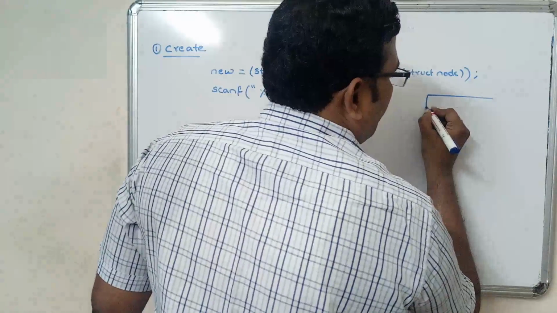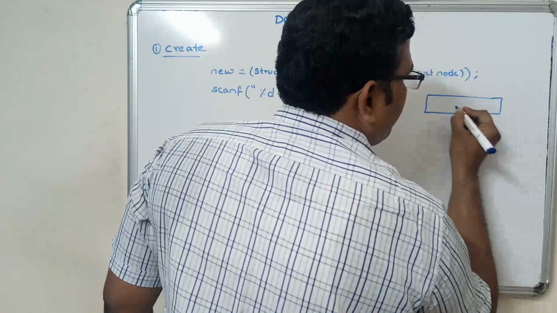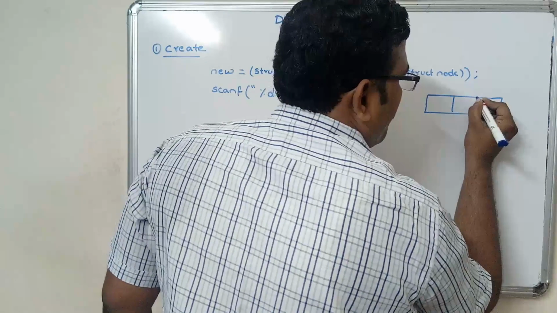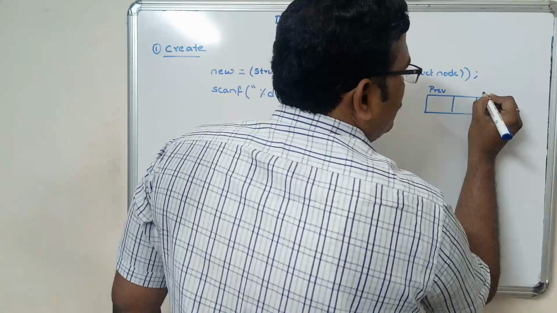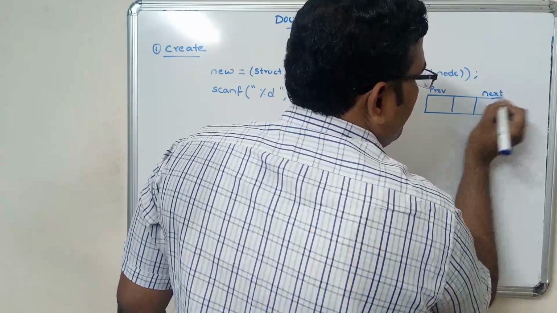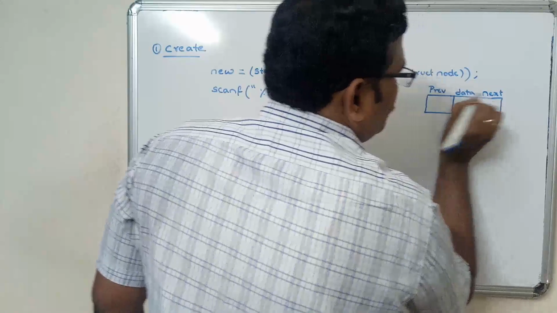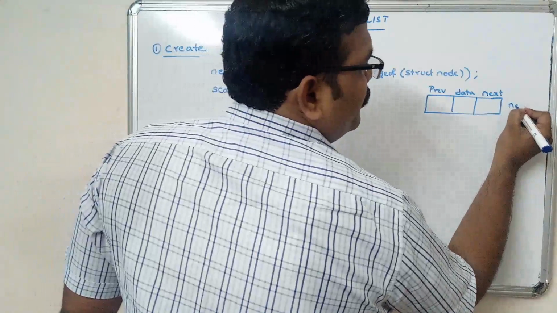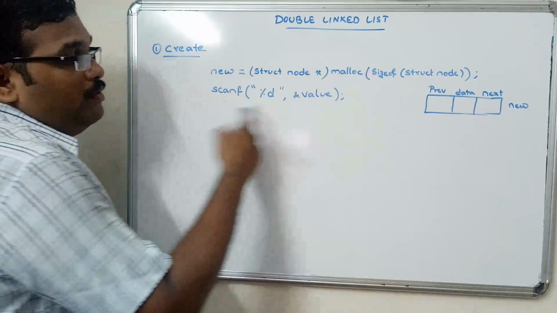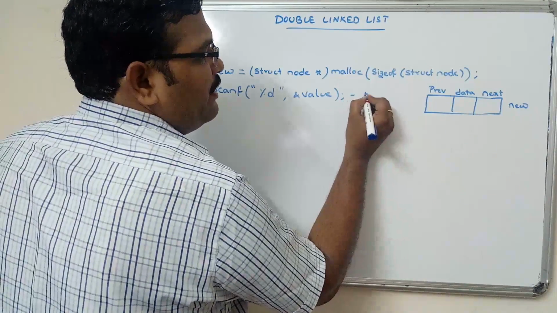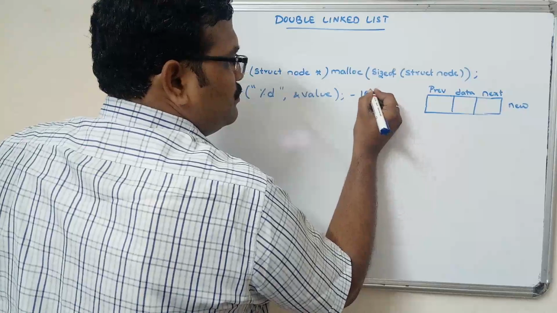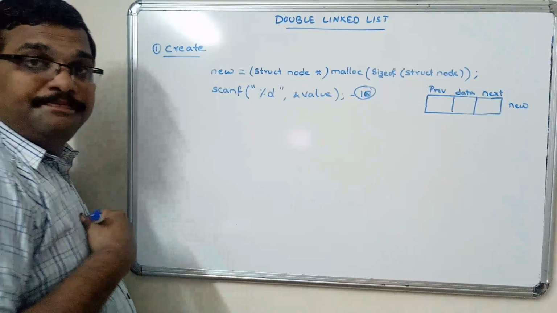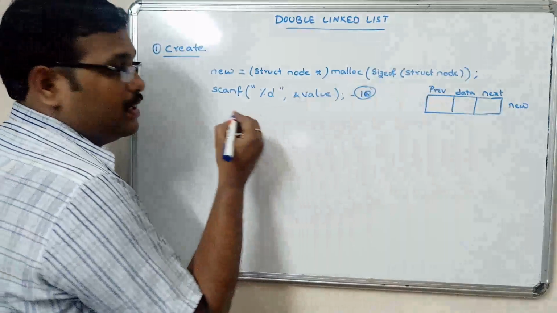So this is the previous, this is the next, this is the data, and this one is the new. Now if we take 10 as a value, we have to insert that one.